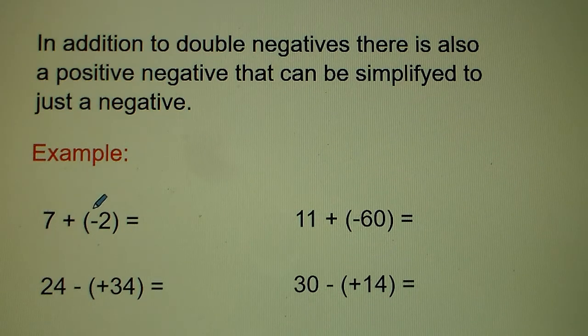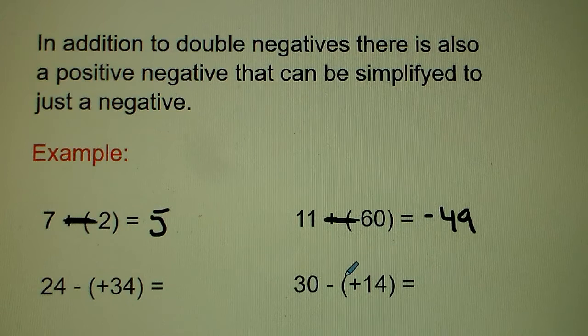So now if we have a positive and a negative, well, if you have one of each, that turns into a negative sign. That's, remember, when it's back-to-back symbols. So 7 minus 2 is 5. This plus sign is followed by the negative sign. So plus minus, that really is a minus when you're working with two numbers, and inside the parentheses all simplified down. So 11 minus 60 gets you negative 49.